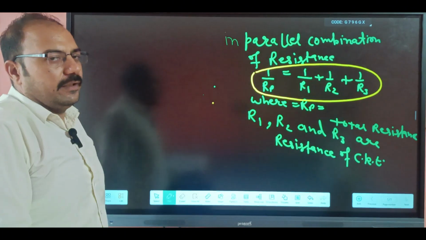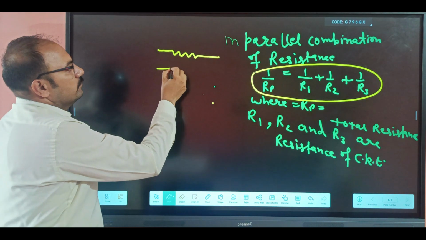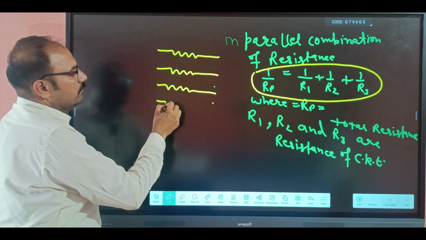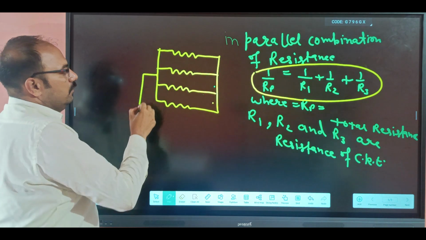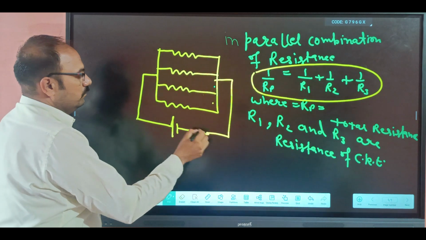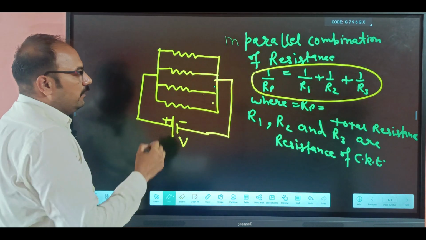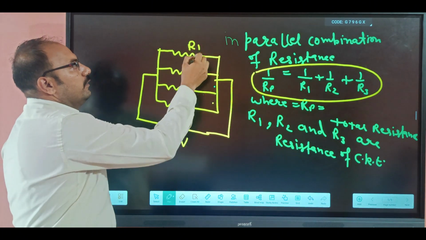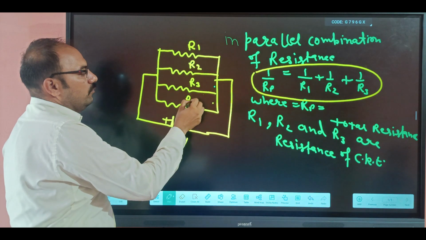So let us take a numerical like this, a parallel combination. Here the applied voltage is V, and four resistances are given: R1, R2, R3 and R4.